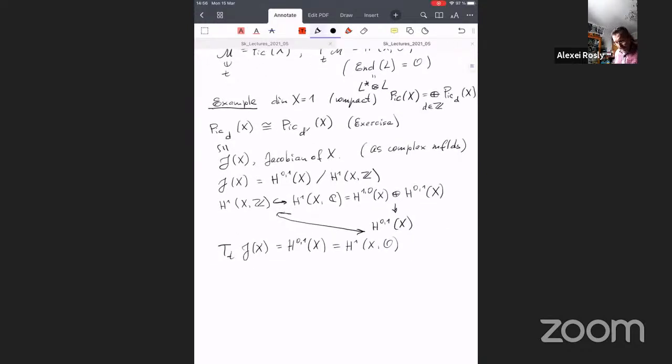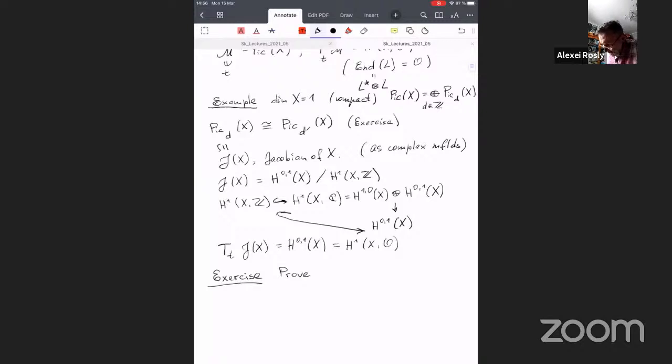Now, let us organize such an exercise. So the task is to prove the above statement, namely, the definition of the Jacobian does not need a proof, but what does is that the Jacobian gives us the Picard group.